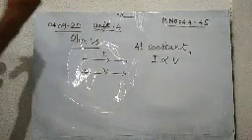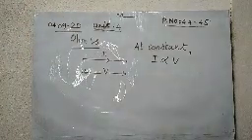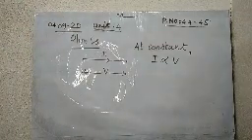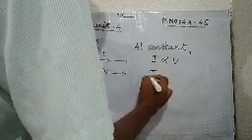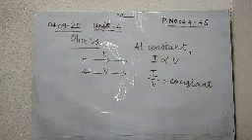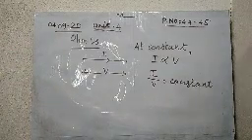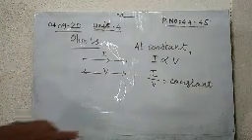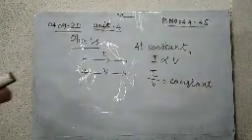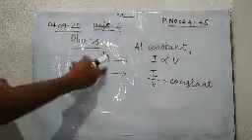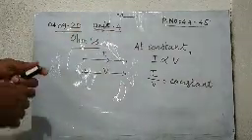That is, according to Ohm's law, I is directly proportional to V. Otherwise, we are able to write this as I by V is equal to a constant. In a conductor, when the temperature remains the same, I by V is always found to be a constant, where I is the current flowing through the conductor and V is the potential difference across the conductor.